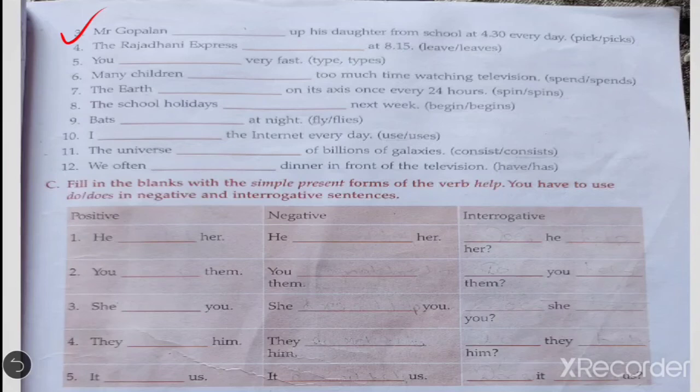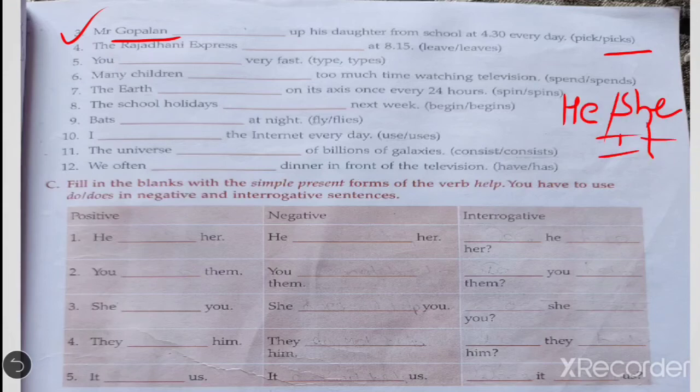Mr. Gopalan is the name of one person. So that's why with the verb s or es will come. So picks. So students, remember here that if he, she, it is there, with these we have to put s or es with the verb.